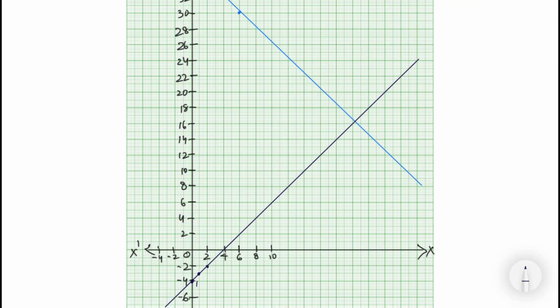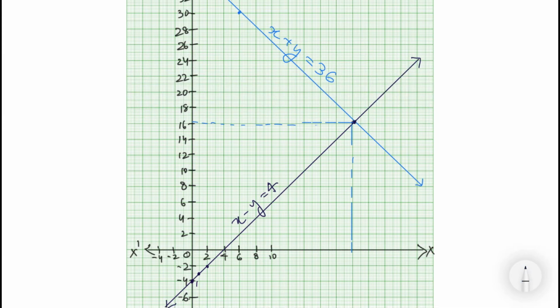We have got this line, x minus y is equal to 4, and this line, x plus y is equal to 36. I have got both the lines now. They are intersecting at a point.